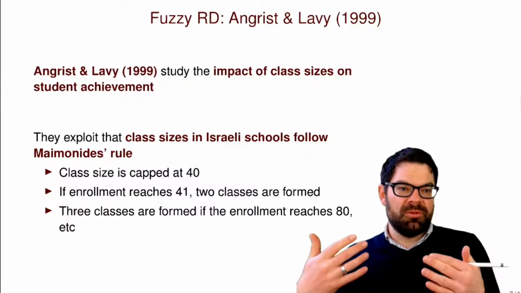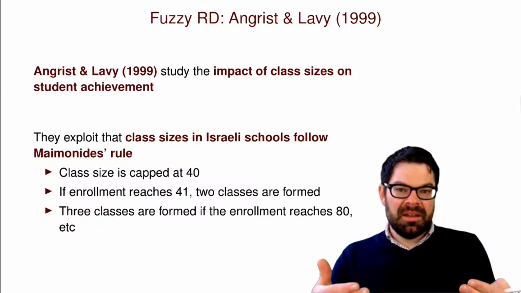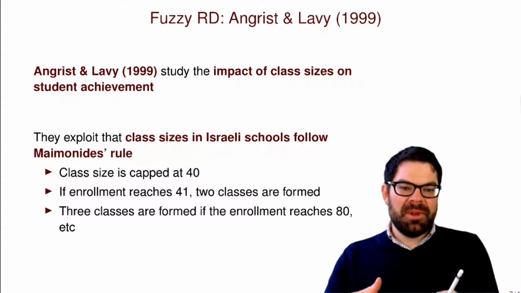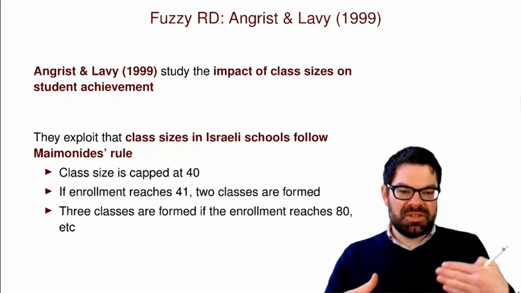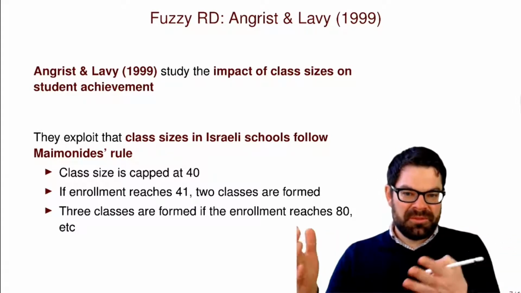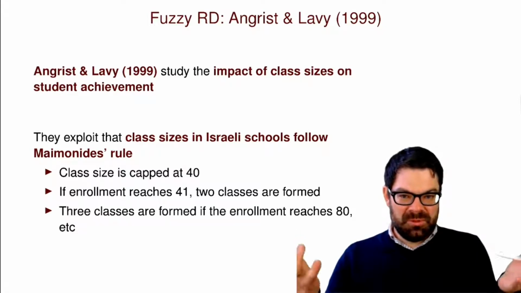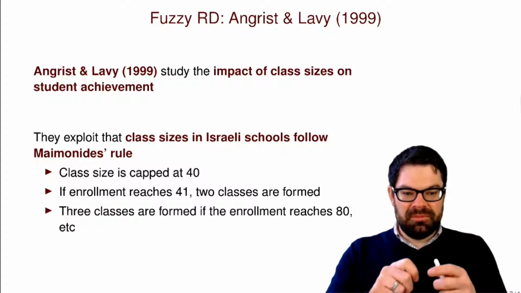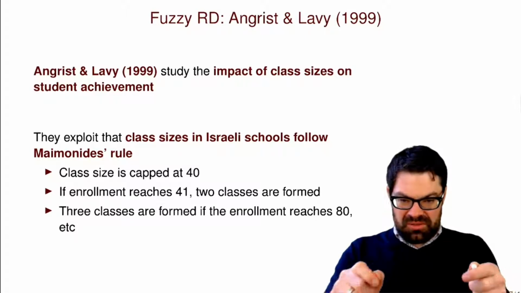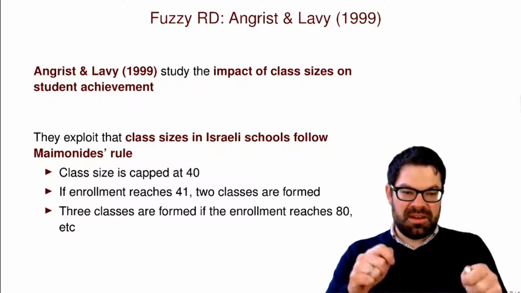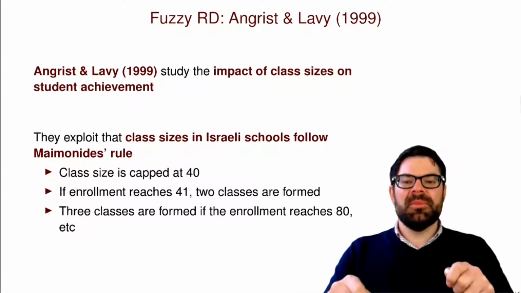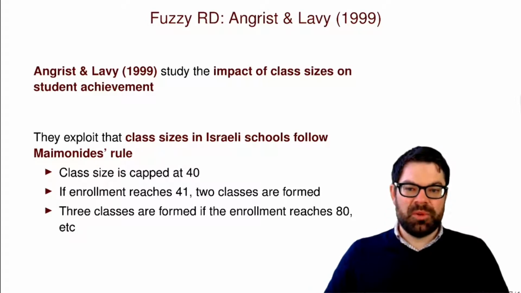So if we have an enrollment of 79, we have 2 large classes, but if it reaches 81, we would have 3 classes. They describe in the paper exactly how many classes the starting cohorts are split into at different thresholds. But the fact of the matter is there are those thresholds that are important.